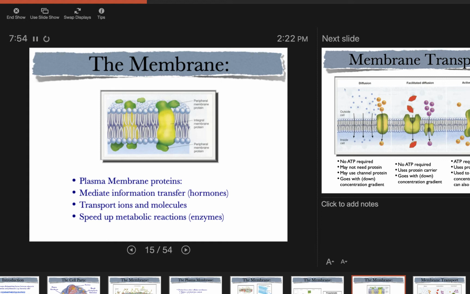This little molecule right here is a protein. So GLUT4 equals a glucose transporter. And there's a family of these transporters, and one of them, the fourth one that was discovered, they just called GLUT4.